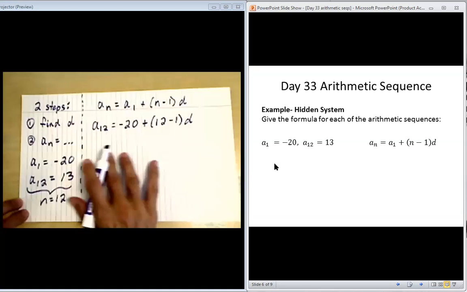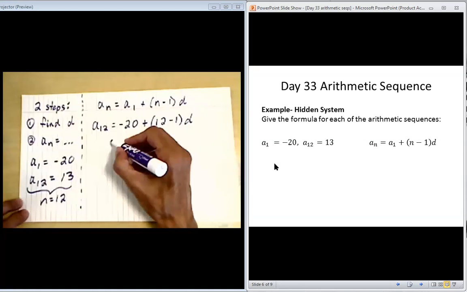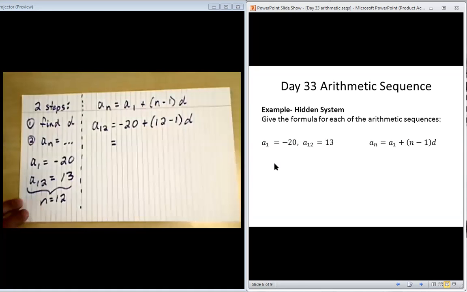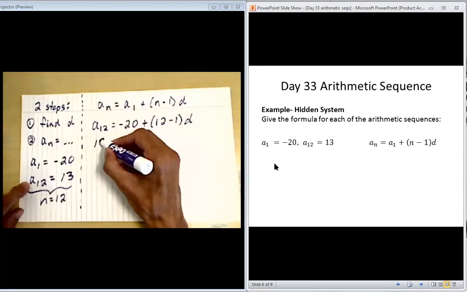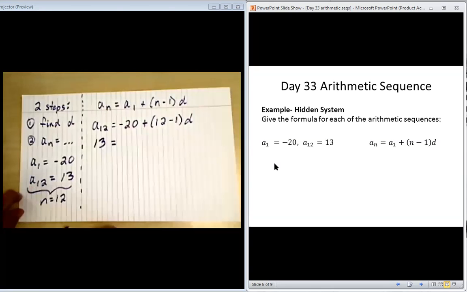Okay, so we can take this a little bit further, because we're given the question that the 12th term a12 is equal to how much? Well, it's equal to 13. So we can replace a12 now with 13 like that.